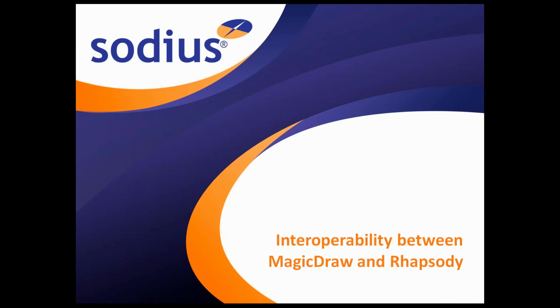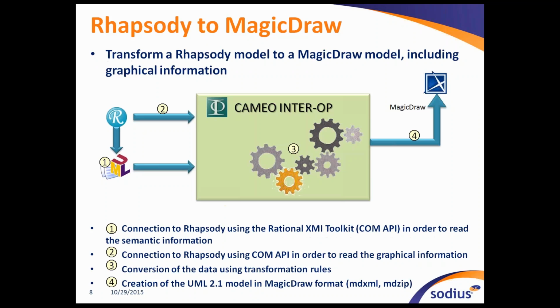So now let's focus on the interoperability between MagicDraw and Rhapsody. The transformation from Rhapsody to MagicDraw will transform a Rhapsody model to a MagicDraw model, including the graphical information. When we transform from Rhapsody to MagicDraw, we connect to Rhapsody using the Rational XMI toolkit, which uses the COM API, in order to read the semantic information.